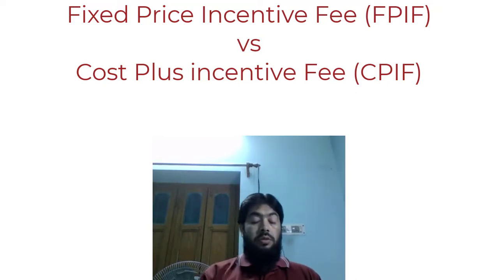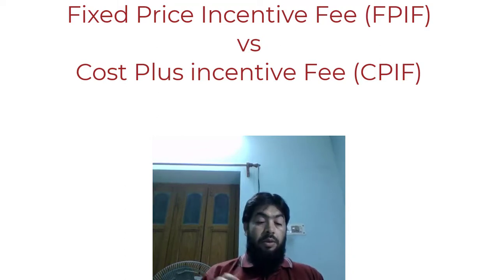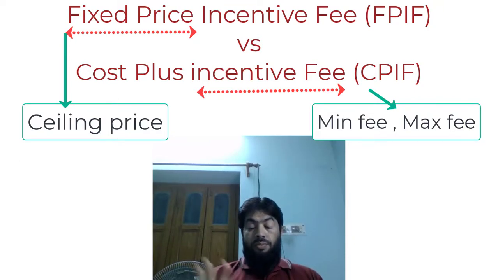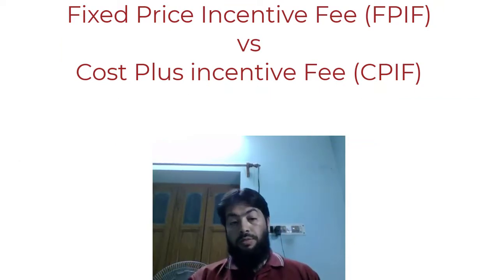The main difference is the term ceiling price in fixed price, and minimum fee and maximum fee in cost plus incentive fees. Cost plus incentive fees has the incentive part important, but fixed price has the price part very important. So hope this confirms that this is very important.